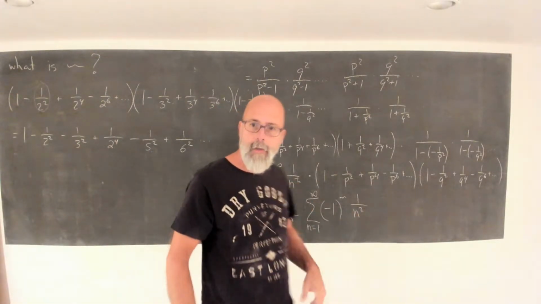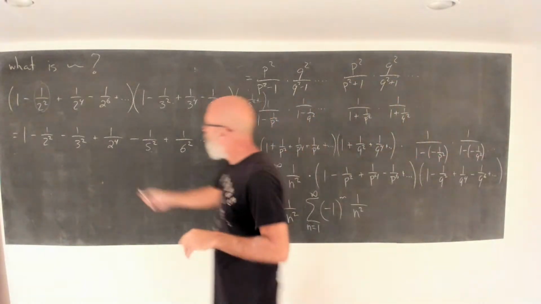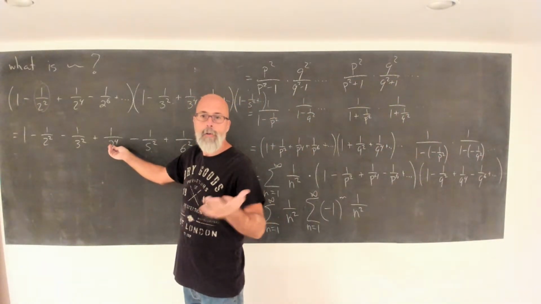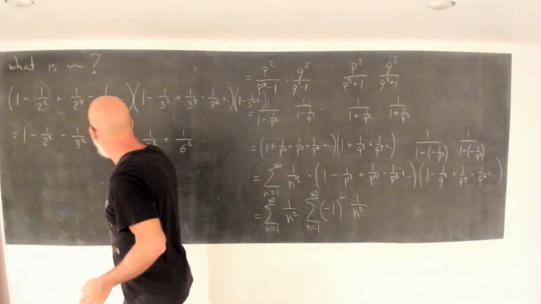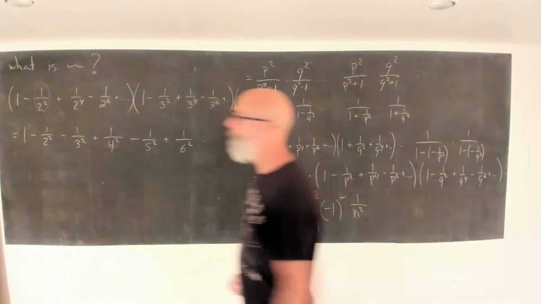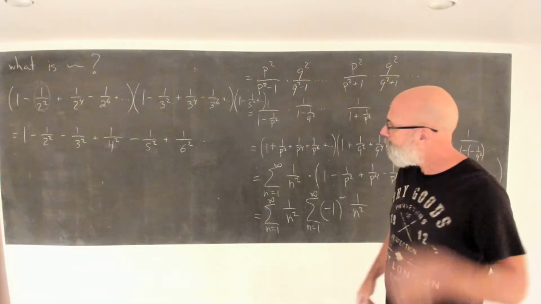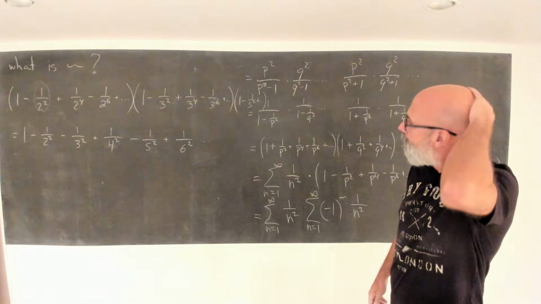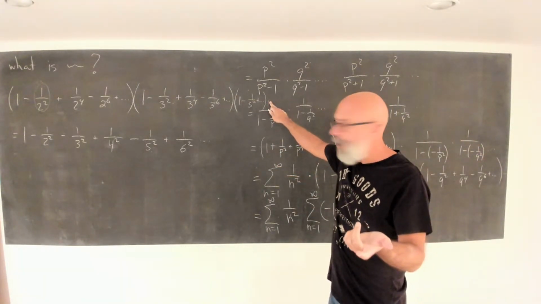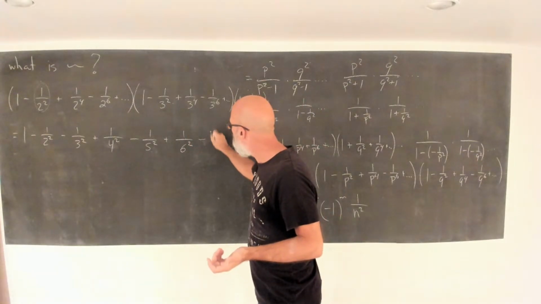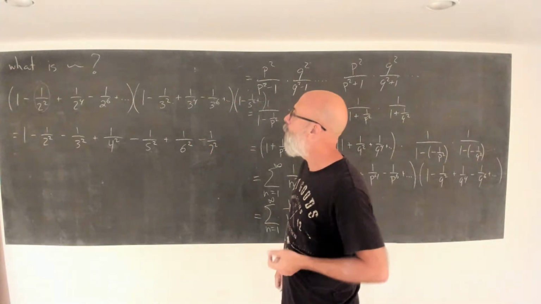How do we make sense of that? 4 squared, yes, but it's really 2 to the 4. So they're equivalent. And then the 7, since 7 is prime, is going to be a minus 1 over 7 squared. And so on and so on.